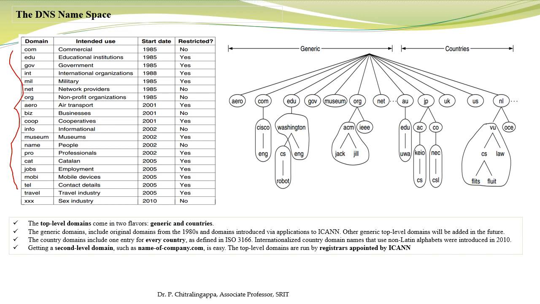In the same way, at the top level domain, one more part we can call countries, like .in, .uk, .jp, .us. So this is a hierarchical structure: root level, top level, secondary level, and it keeps on going like that.